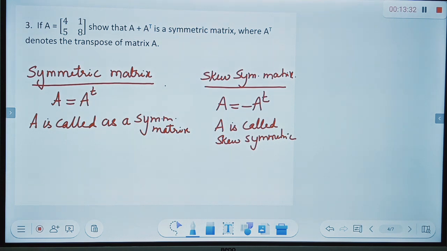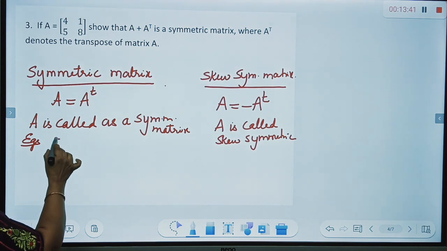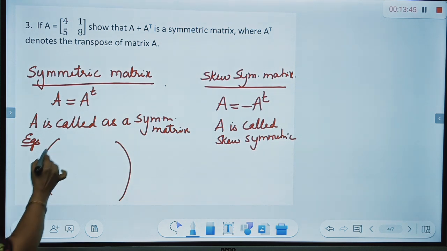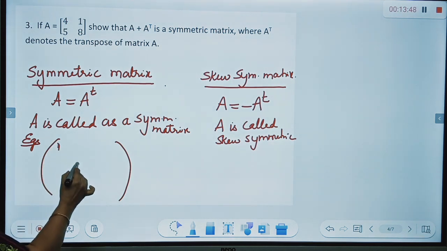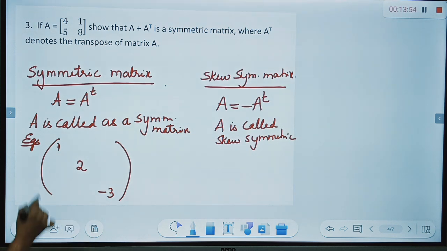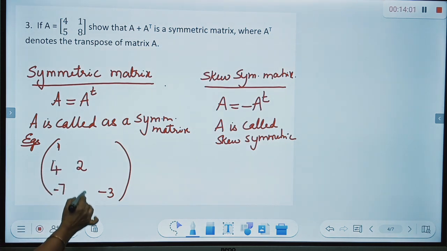So we are going to now construct, I am going to give you some examples. And I also teach you how you can make your own example. Okay, let me take a 3 by 3 matrix. I am going to fill up one side of the diagonal. 1, 2, -3. And then I am going to fill up 4, -7, 3.